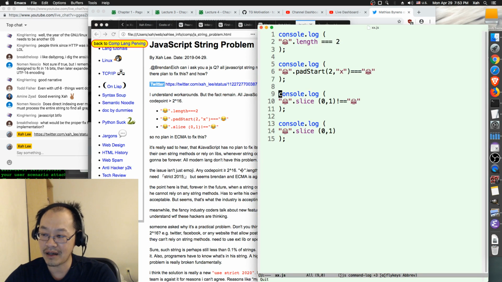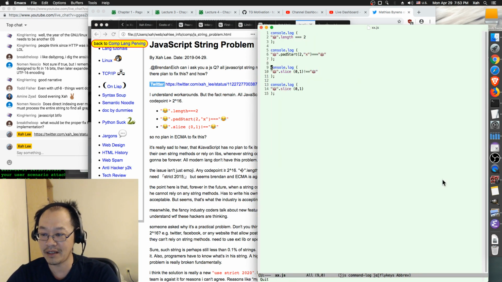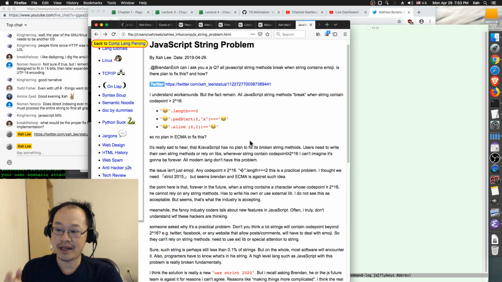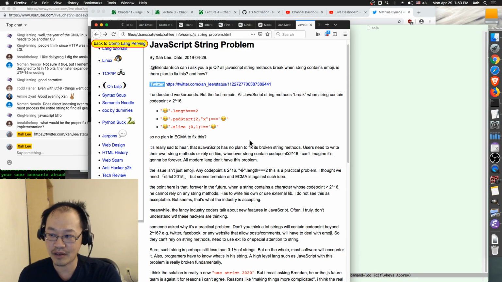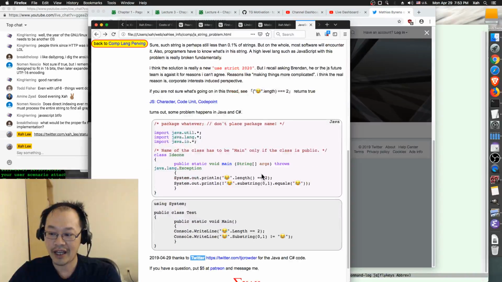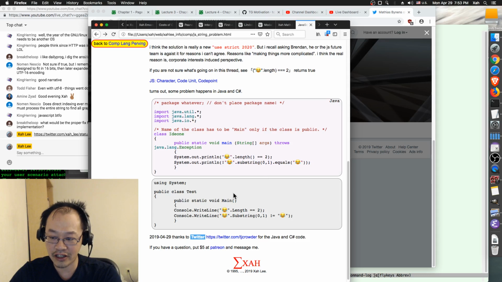But anyway, I think that concludes my explanation of the JavaScript string problem. And by the way, this problem also happens, as I learned from one of these guys, in Java, and also in C sharp.